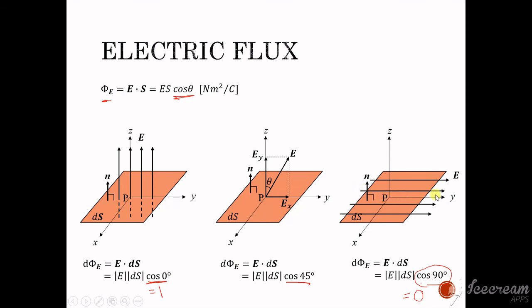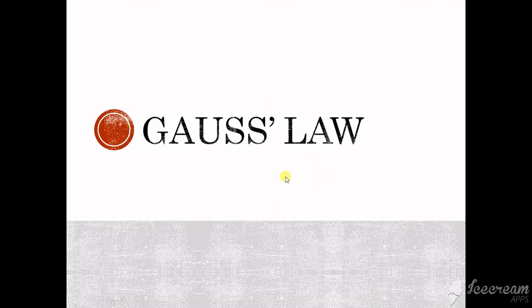It is going across the surface from one end to the other end. It does not cross through the surface, unlike what we can see over here, where we have the maximum dot product, or the maximum electric flux, going through the surface. For this one it will be in between, where only part of the electric flux is going through that particular surface. Okay, so we'll use this concept in the case of the Gauss law.